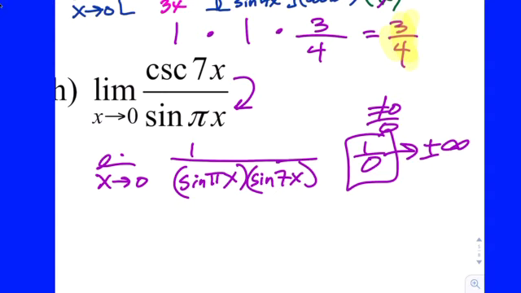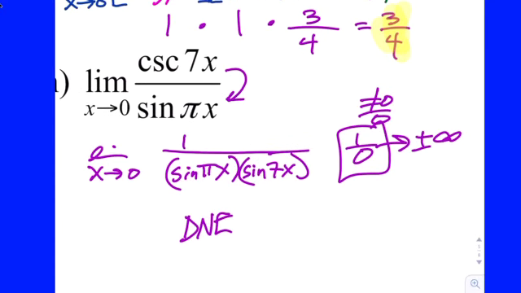So a safe answer would be what? DNE, right. DNE. Now, if you analyze from the left of 0 and right of 0, you could probably figure out what the signs are of those two and determine if it happens to be positive or negative on both sides. But that's not what we're going to do.